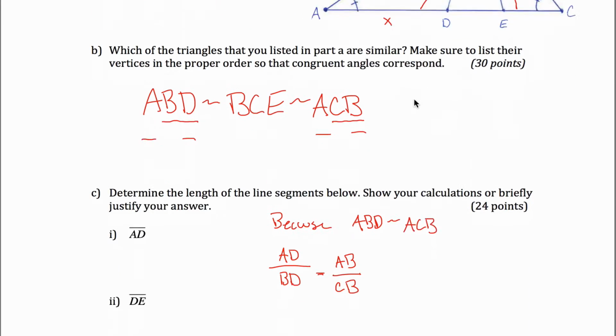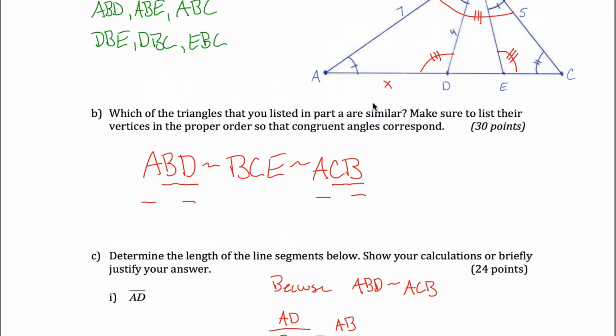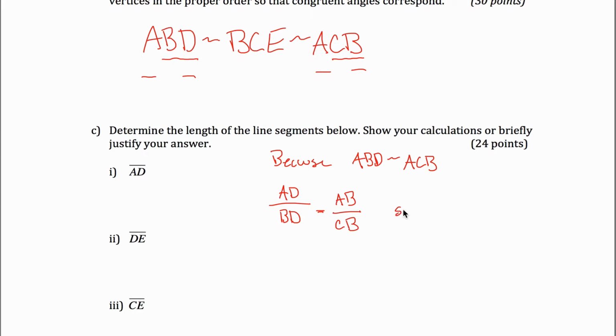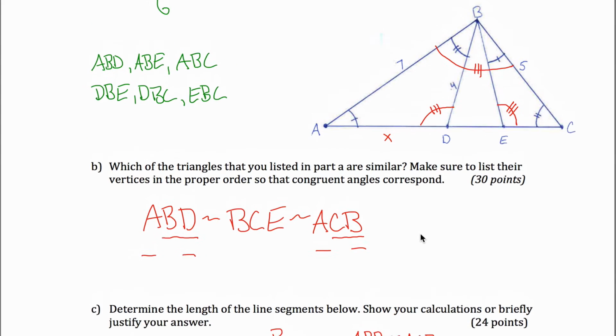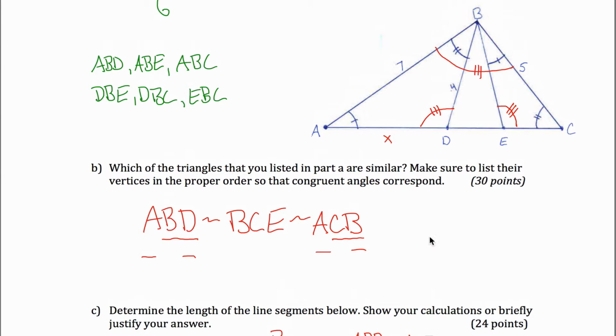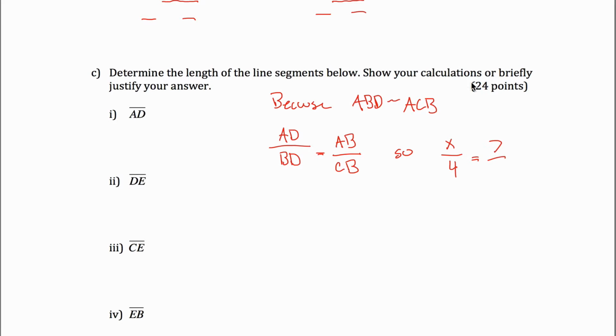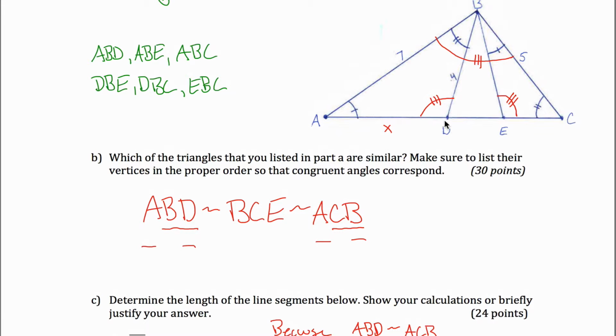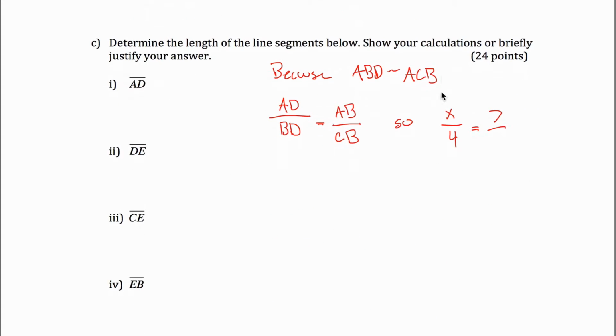So if I go up to my picture here, AD is what I'm calling X. So X over BD, which is labeled in my picture to be 4, is equal to AB, which looks like is 7, divided by CB, which is labeled in my picture to be 5. So if I solve this for X, I can multiply both sides by 4 and get that X is 28 over 5.